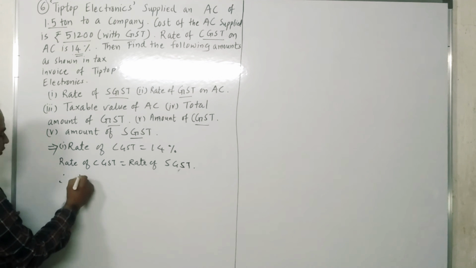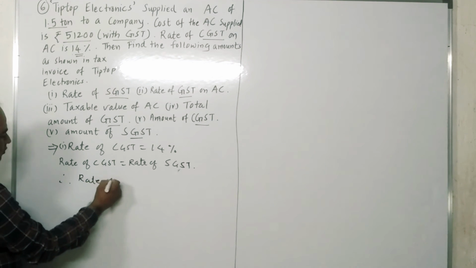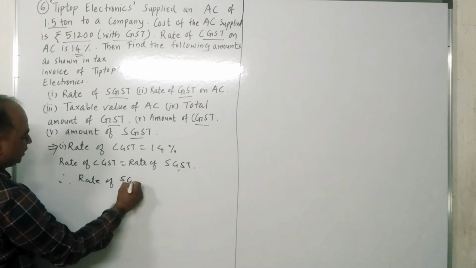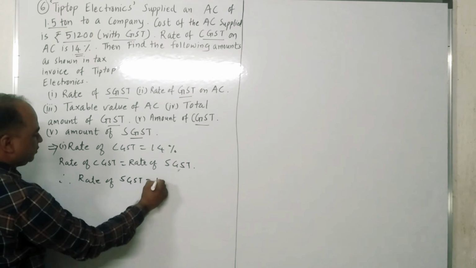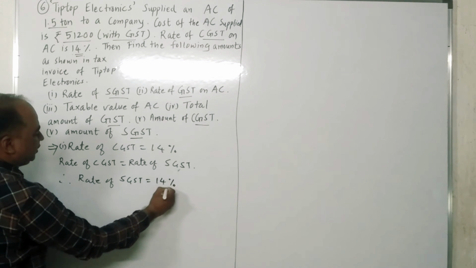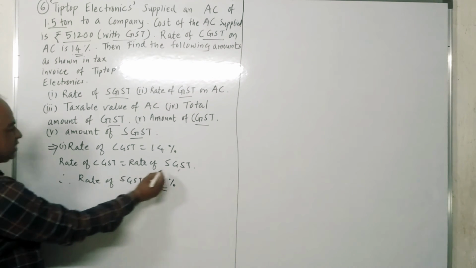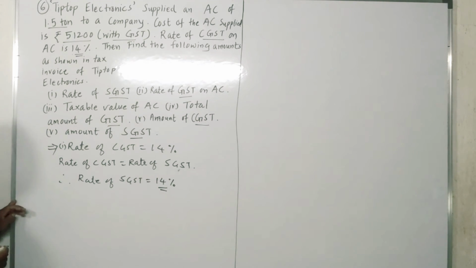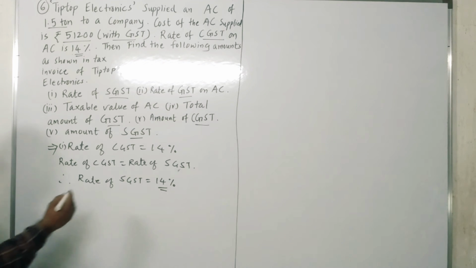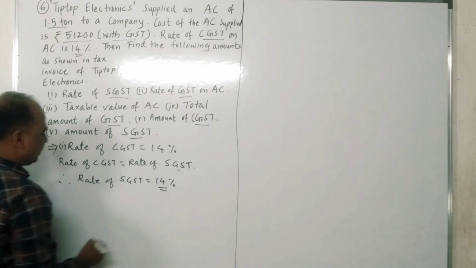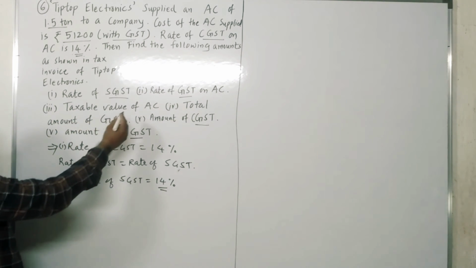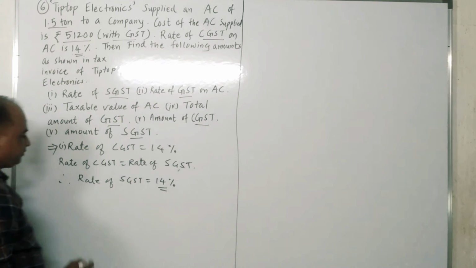Therefore, the rate of SGST is also 14%. Both are equal. The rate of Central Goods and Service Tax is equal to the rate of State Goods and Service Tax, so it is 14%.